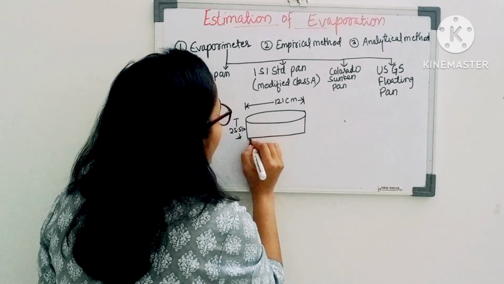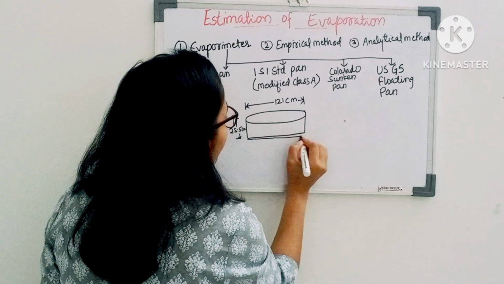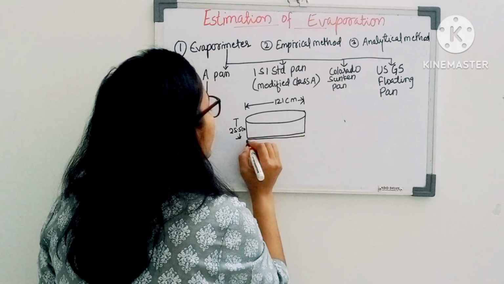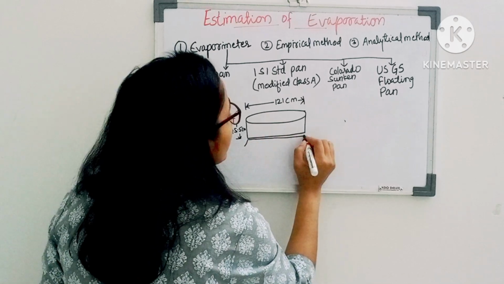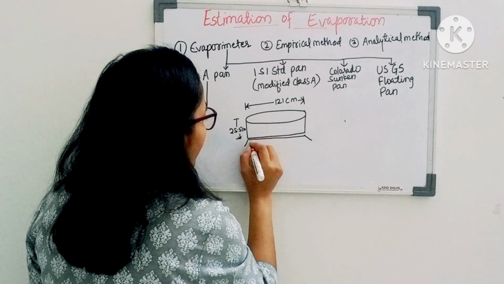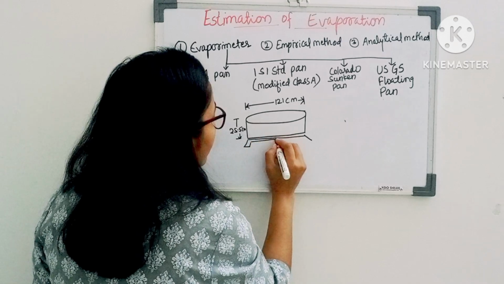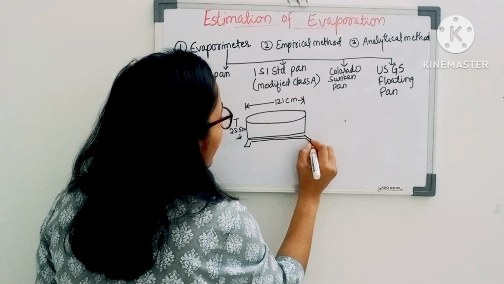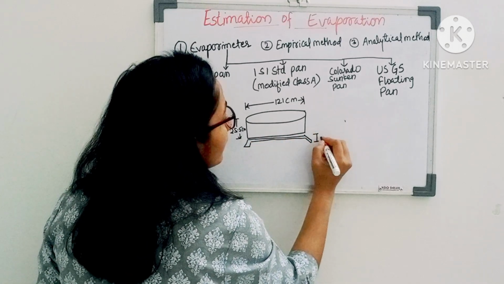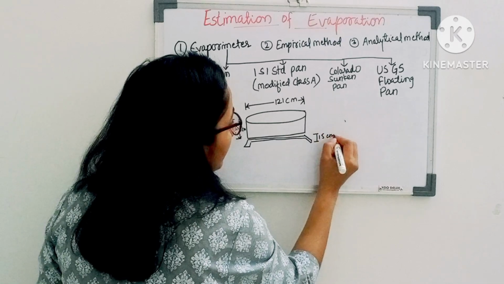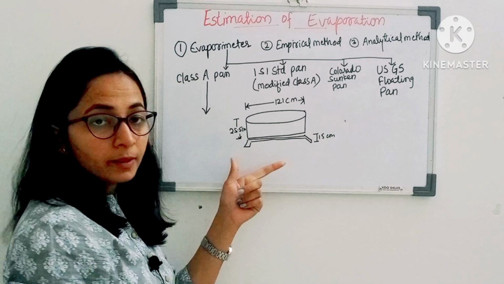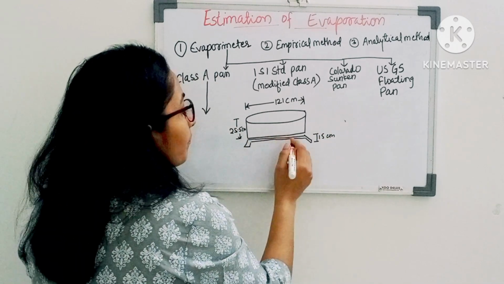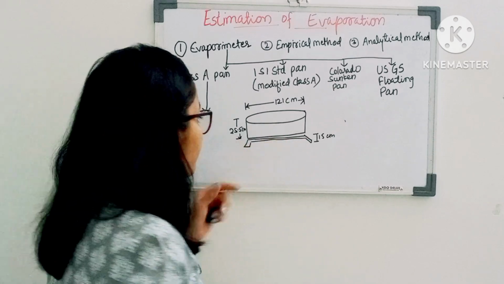This galvanized pan is placed over a wooden platform, and the height of the wooden platform is 15 centimeter. This wooden platform is provided for the circulation of air.